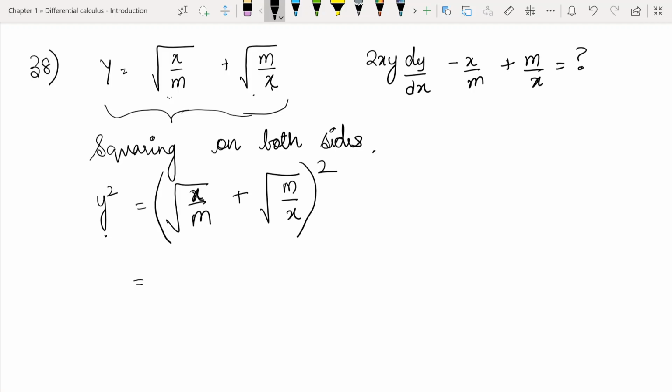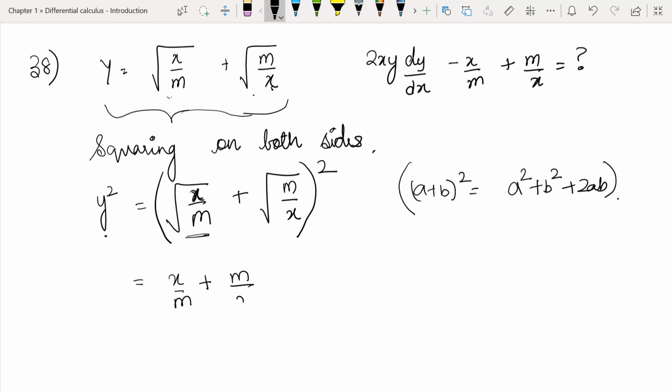Okay. So whole square is nothing but a plus b the whole square, which is a square plus b square plus 2ab expansion. So now let us do this expansion. Squaring this, the root will vanish: x by m plus m by x, plus 2 into root of x by m into root of m by x.